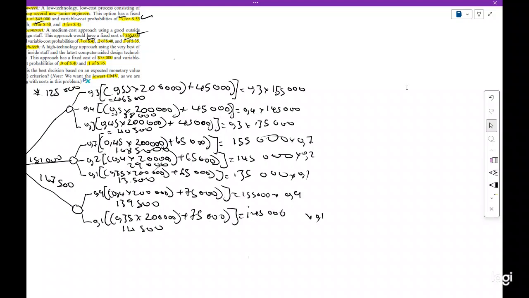So 58,000 plus 46,500 plus 40,500. And the answer is 145. Over here, this is more like 50. I don't understand why I got 167, but when you look at it here, you can see it's around about 145.